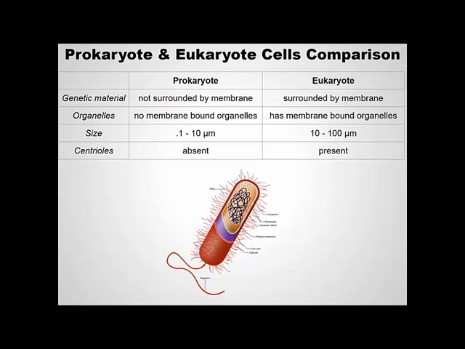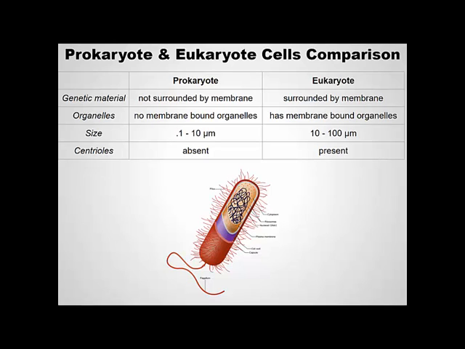And prokaryotic cells have no membrane-bound organelles. So you wouldn't find chloroplasts or mitochondria or ER or any of the organelles you probably have heard of, except for ribosomes in a prokaryote. Prokaryotes have no nucleus. They still have DNA, but it's just spread and floating throughout the cytoplasm. So they're simple cells. We think of them as bacteria or archaea.